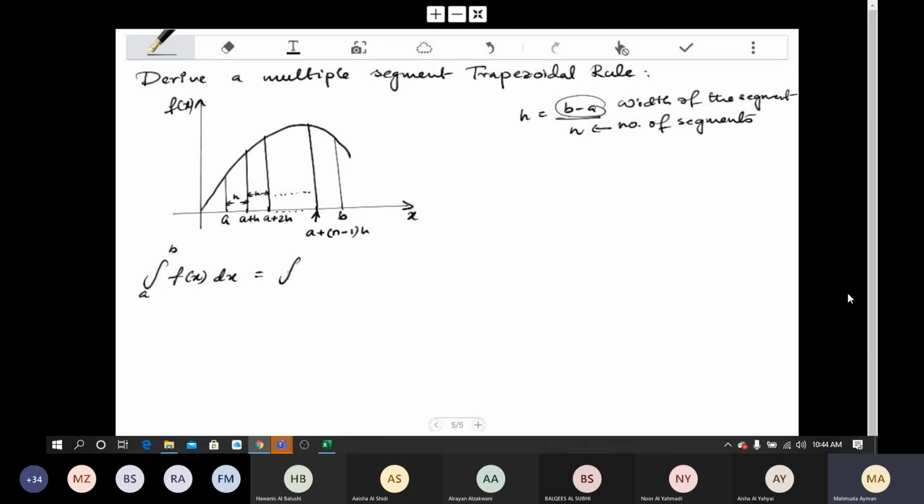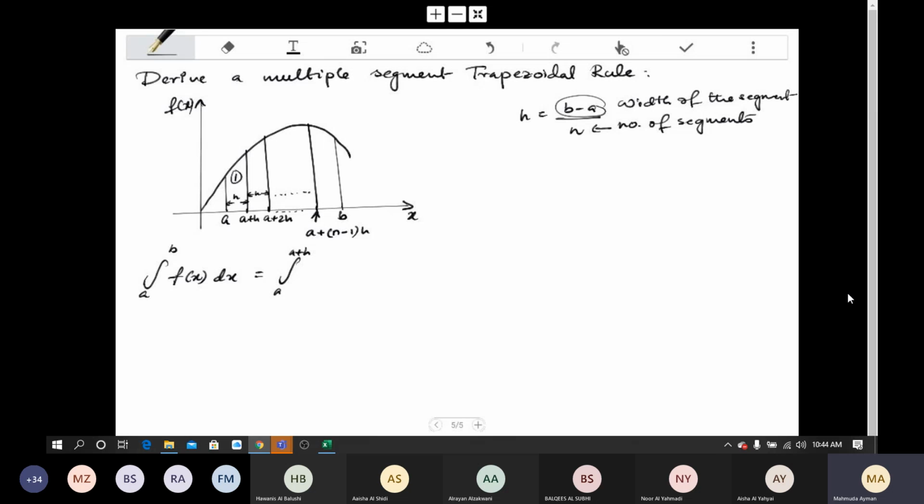So for the first segment, the integral goes from a to a plus h. The lower limit is a and the upper limit is a plus h, for the first segment only.